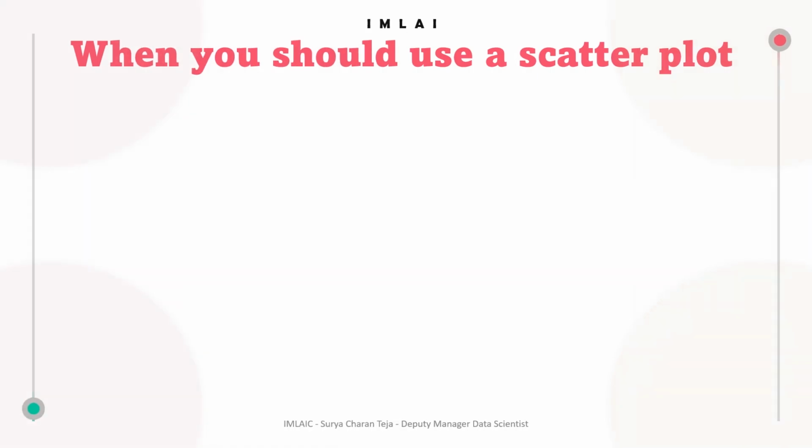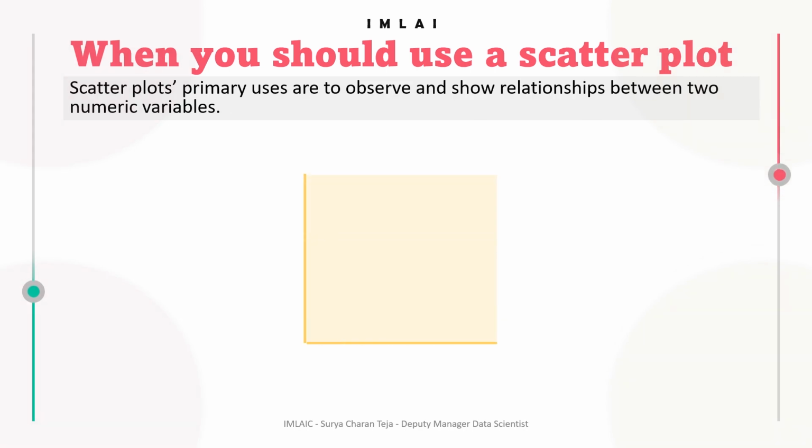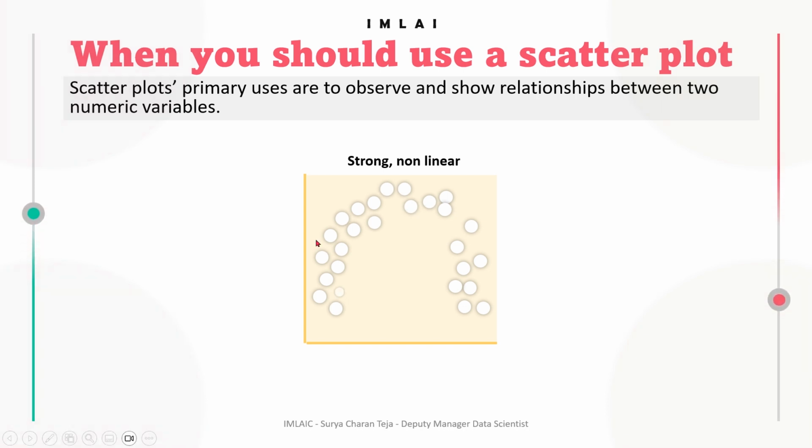And the third one. So far we have seen the linear ones, so now we'll be looking at the non-linear one also. For non-linear ones, based on the shape, we will get to know that, and whether they are strong or moderate, you can understand by looking at how closely the data points are packed.